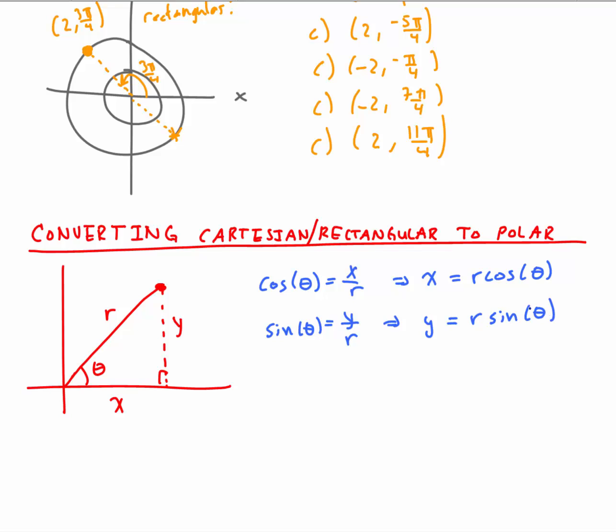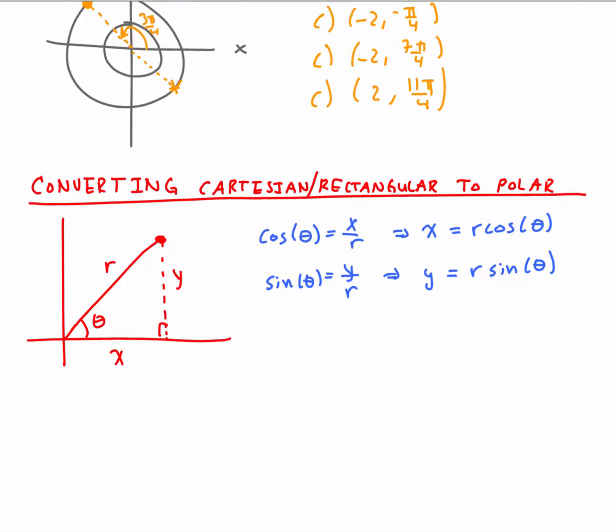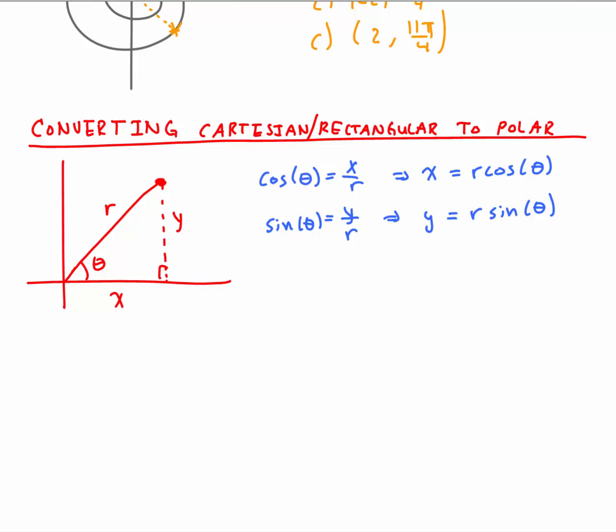Now this is how we convert back and forth: these two formulas, x equals r cosine theta and y equals r sine theta. Now this would be if we were given a polar, an r and a theta, and we had to convert back to rectangular so we could find x and y. Now how do we move from rectangular back to polar? Well, to move in that direction, what we would use is the Pythagorean theorem, x squared plus y squared equals r squared in this case, based on my triangle here.